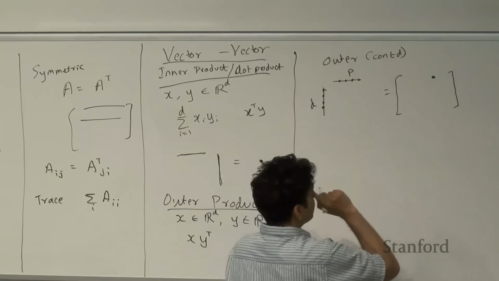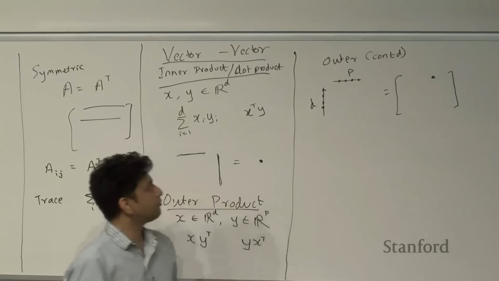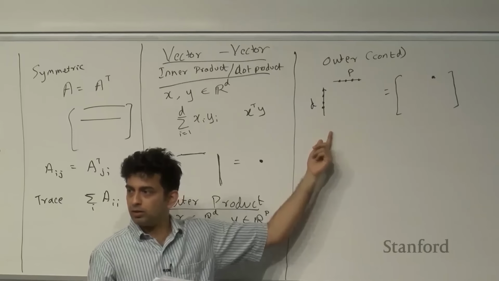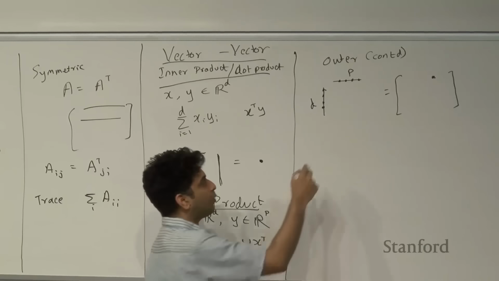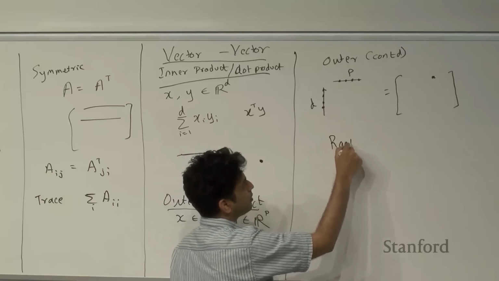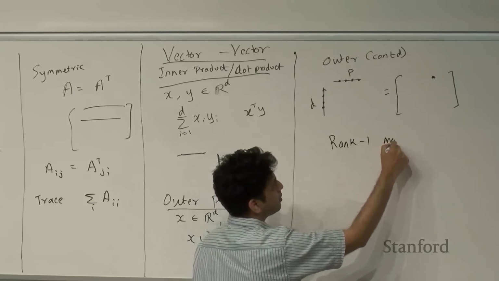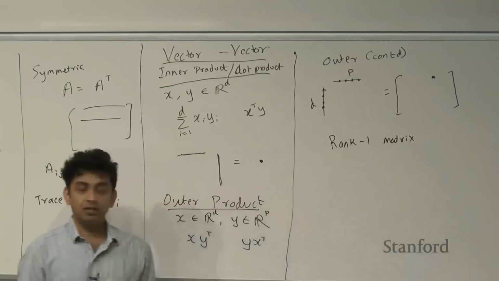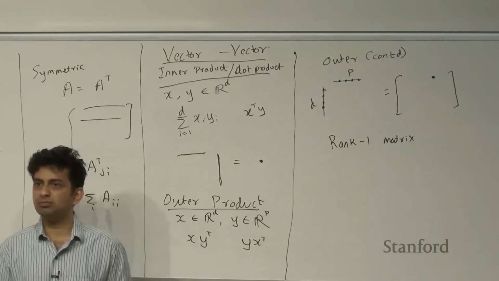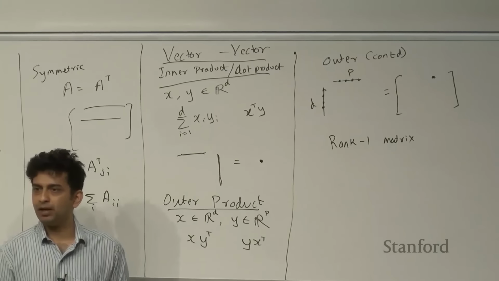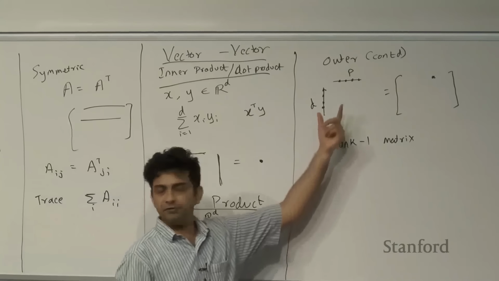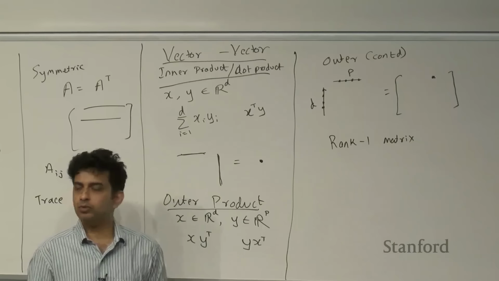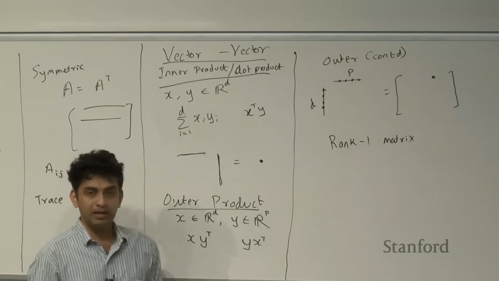And a matrix that you construct from one row vector and one column vector is also called a rank 1 matrix. Why is it called rank 1? Because one way to think of it is that it is made of one pair of a row and a column vector. That makes it what's also called a rank 1 matrix.